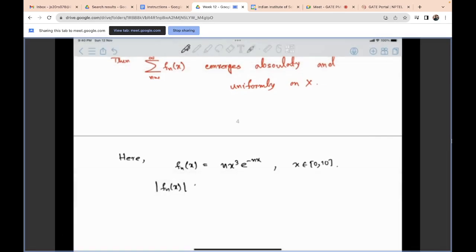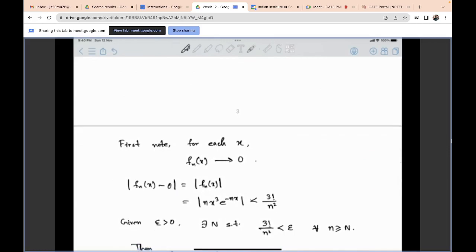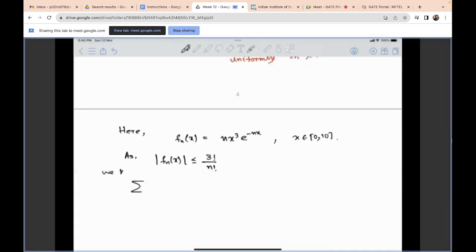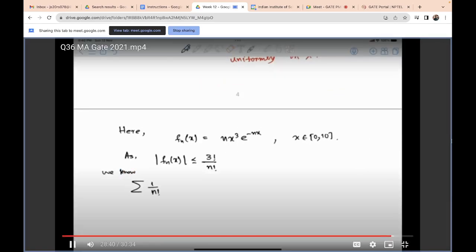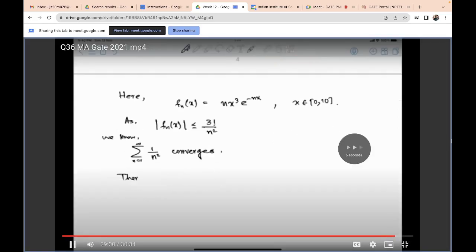So here, what estimate do we have? Because we have shown fnx is less than 3 factorial by n square, and we know 1 by n square, sorry, these are n square, always I'm writing n factorial.